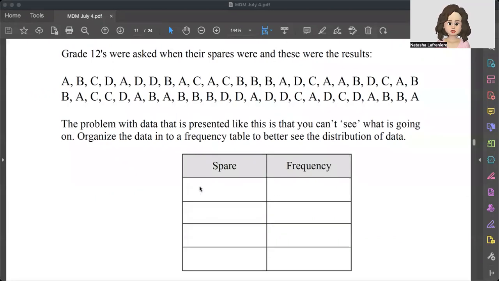So we have spare in period A here, and you would count. Okay, so if you were to count, there are 15. Students with spare B, there are 14.